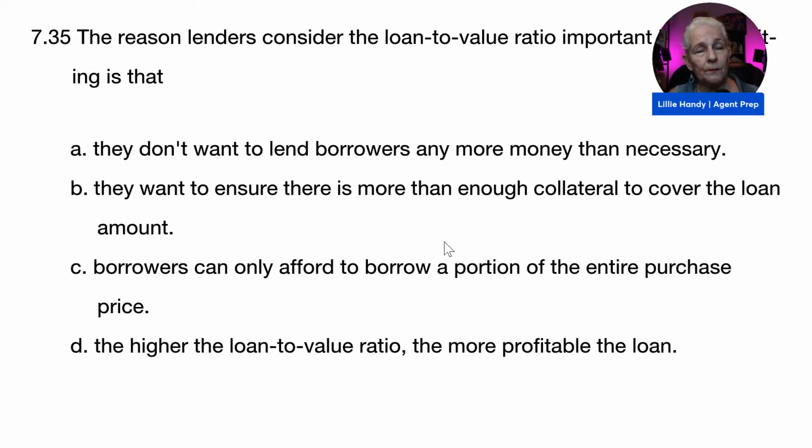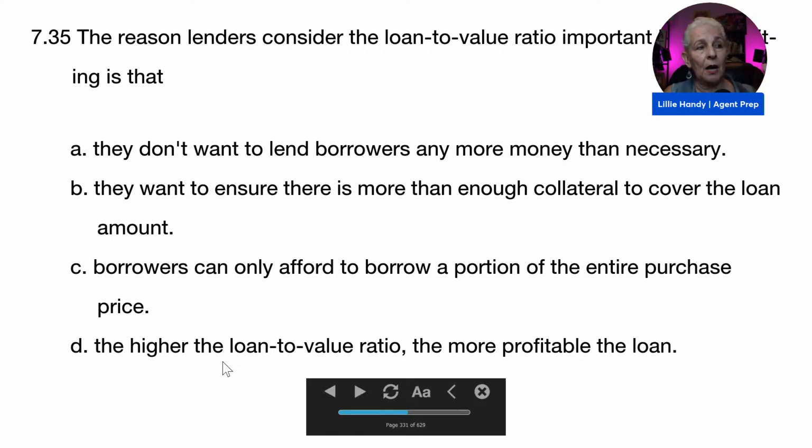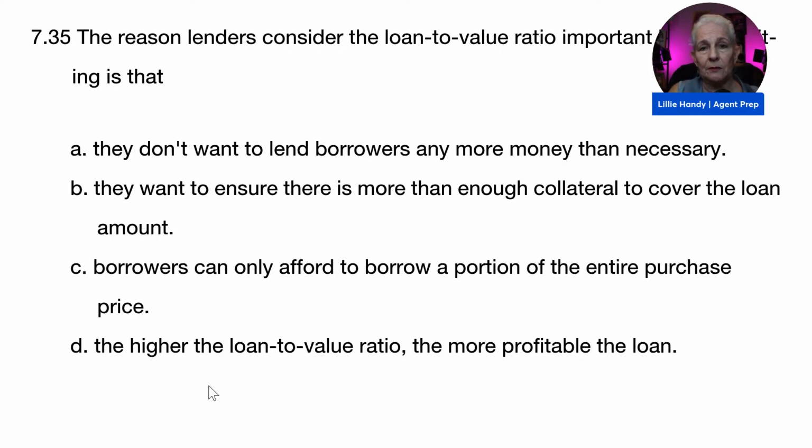So the lower the loan amount that they're making, 80% or 70%, they have a lot of collateral. Okay, the higher the loan to value ratio, the more profitable the loan? No. So the higher the loan to value ratio, that means like in an FHA, 96.5% to 100%, they're taking a large risk, but that FHA loan is insured by mortgage insurance premium, right?